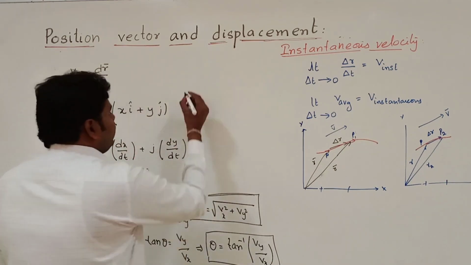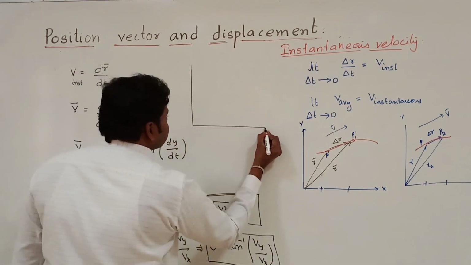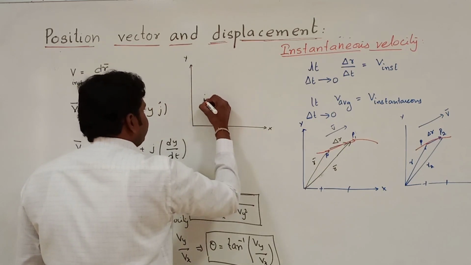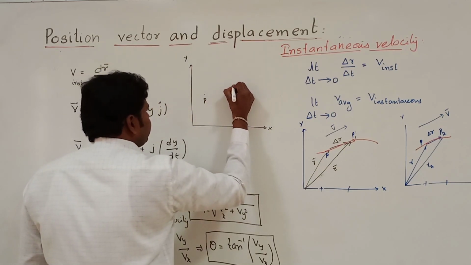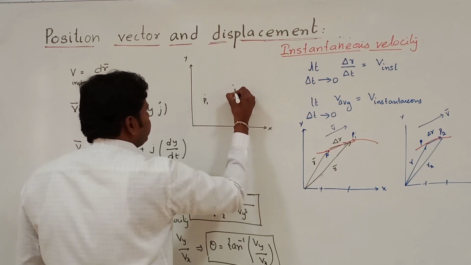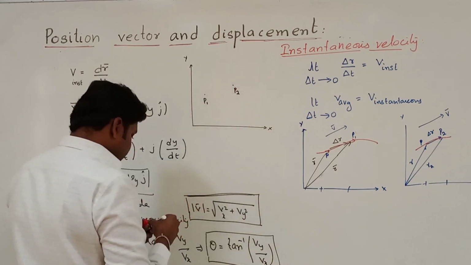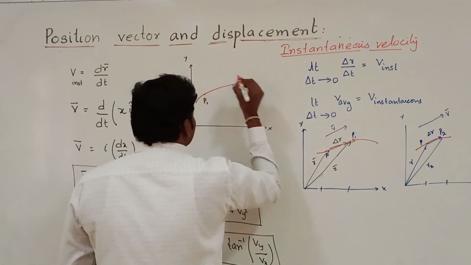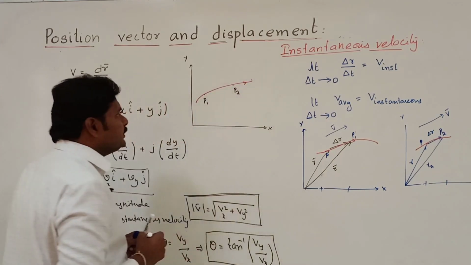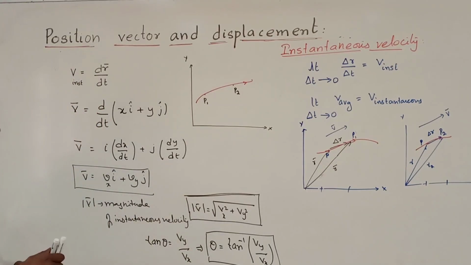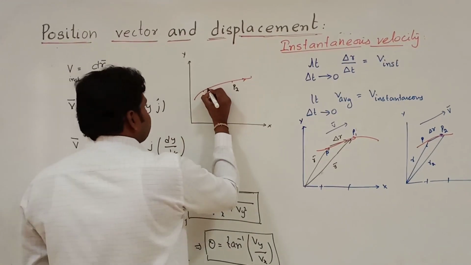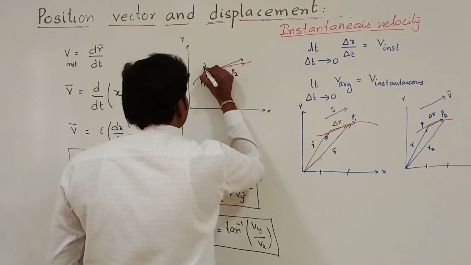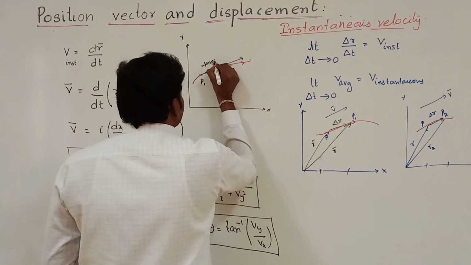How can it be? Simple analysis: x-axis, y-axis, a point P is there and another point, P1 to P2. Let's say the body or object is moving in a curved path from P1 to P2. If you want to note the direction here and here, simply draw a tangent at that particular point.